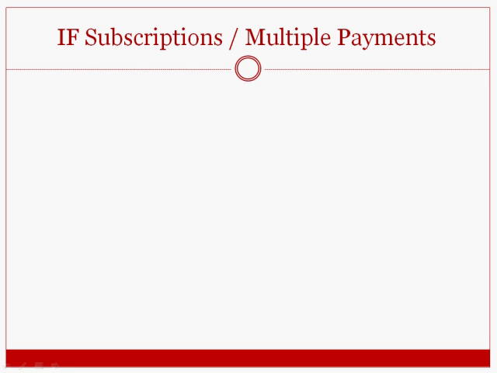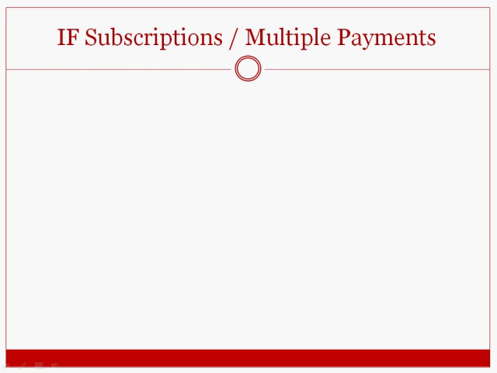Now, if your product is a subscription, then you can listen to this. Otherwise, you can fast forward to the next slide. So if you're charging, let's say, $17 a month, or you have a high-ticket product that, let's say, is $497, or let's say $1,000, and you can break it up into different payments.